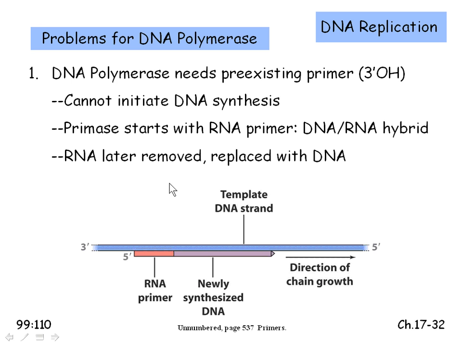initiates the replication by laying down a primer that is composed of RNA. So it lays down, in red here would represent the RNA primer. So primase lays down this RNA primer onto the DNA, forming a DNA-RNA hybrid. The key is that it provides the 3' OH for the DNA polymerase to start adding nucleotides onto.